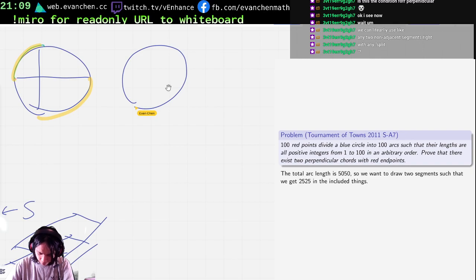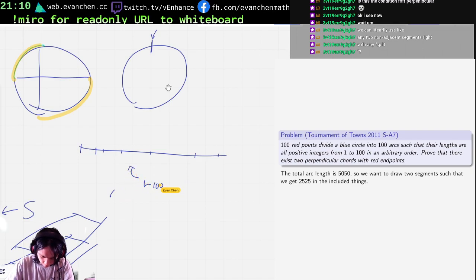So I should just cut the circle open somewhere, right? Because it doesn't really matter where. So it's like I have the lengths from 1 to 100 in some permutation, and I want to find two subsegments that sum up to 25-25. I don't think I lose any information if I cut it open, so we can put like 100 out here or something. I don't know. Maybe I shouldn't commit to that yet.